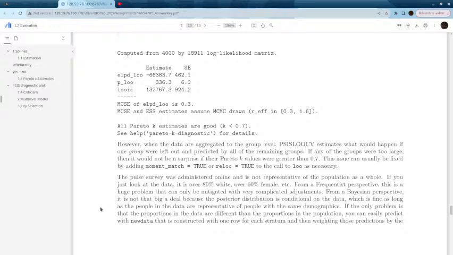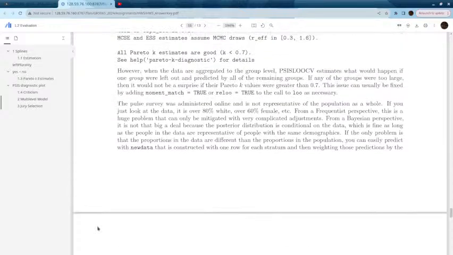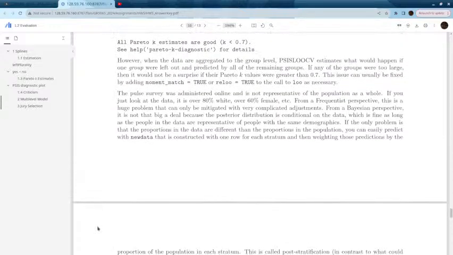That's what's called post-stratification, and that is another big advantage of the Bayesian approach, to be able to straighten out these sorts of things.